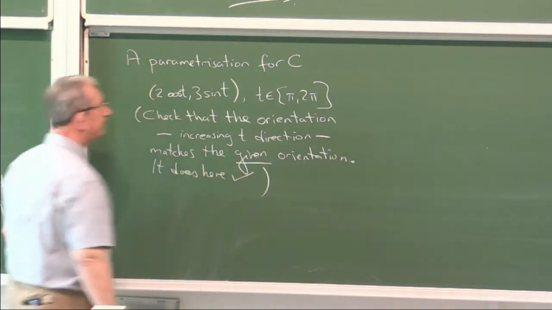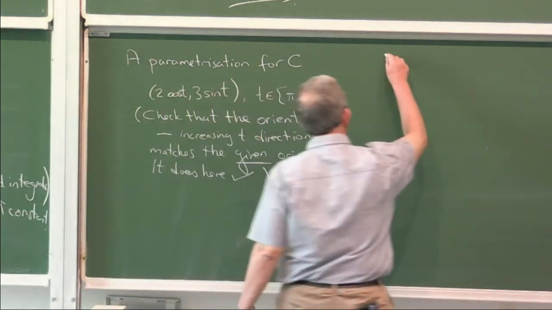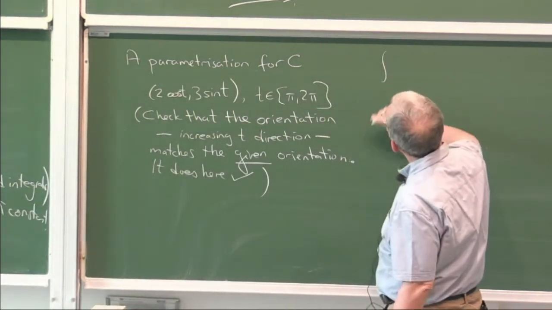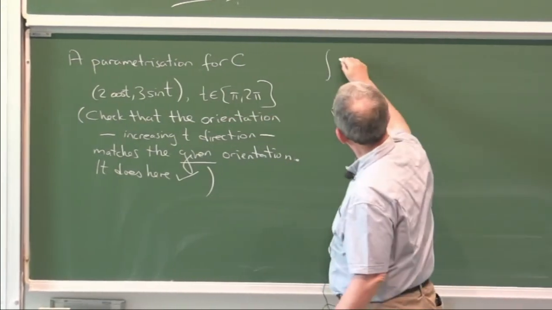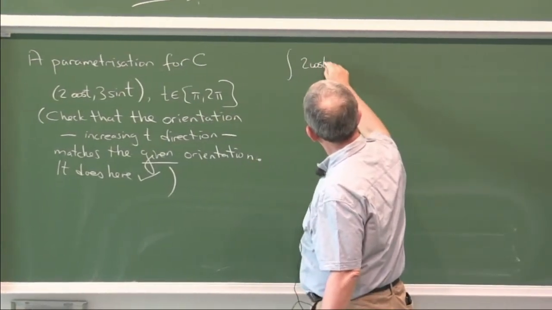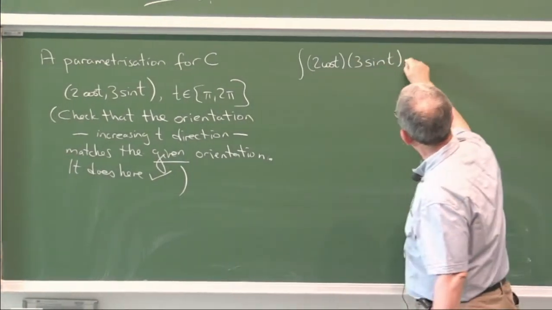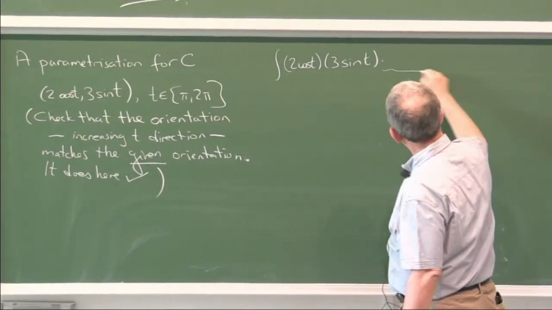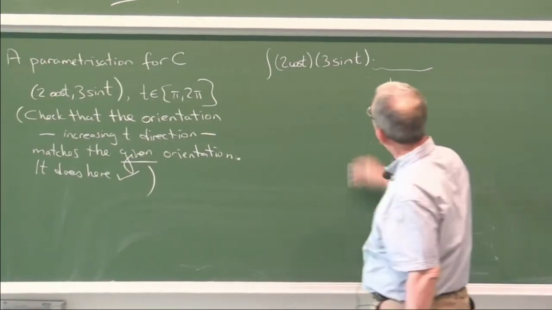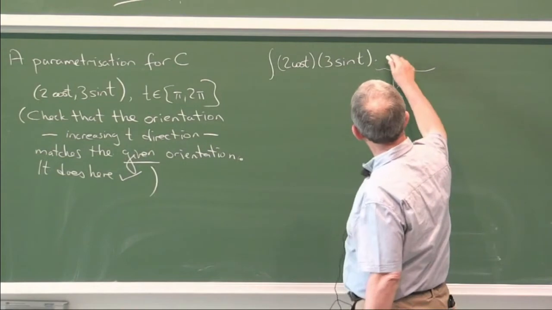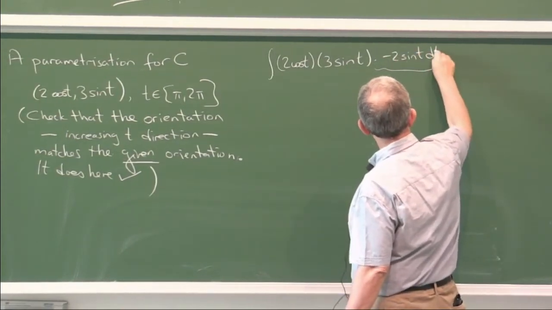So it's okay. Well, then we can compute our integral. Namely, we have here, well, simply xy. x was 2 cosine t. y was 3 sine t. And here, of course, we have dx. Well, x being 2 cosine t, that would be -2 sine t dt.